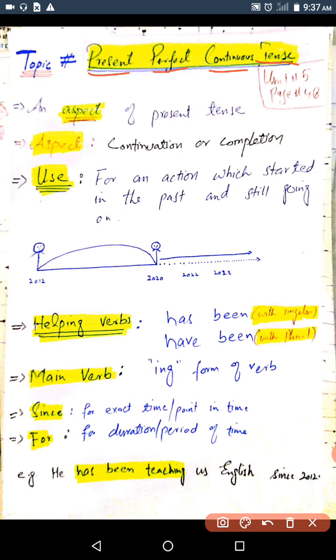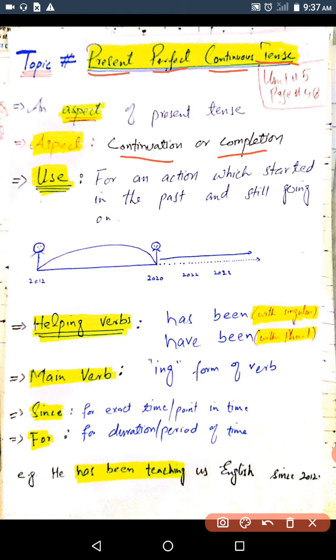What is an aspect? It shows continuation or completion of an action. All the progressive tenses are the aspects which show continuation. All the perfect tenses are the aspects which show completion. So aspects show continuation or completion.